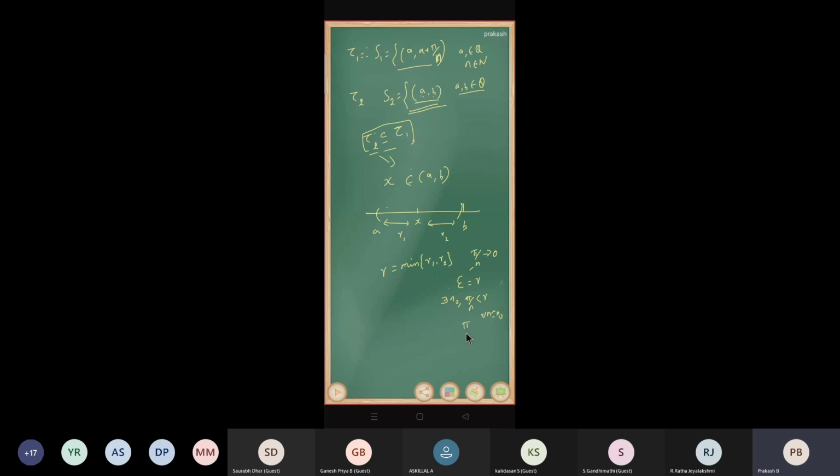That means pi by n naught is less than r. Now I'm going to take the open interval (x minus pi by n naught, x plus pi by n naught). It will definitely be contained in the open interval (a, b).